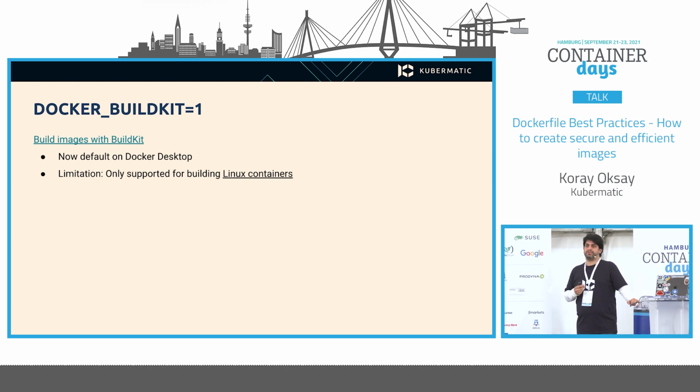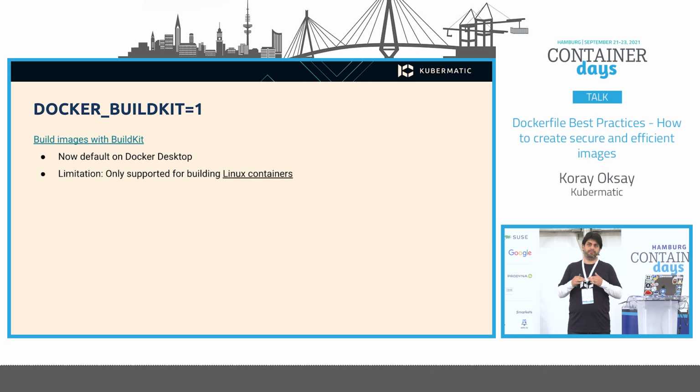And BuildKit introduces, I think, two important updates. What Docker did is that they just rewrote the whole build engine. And there are two major improvements, I think. The one is that during the build, it can run parallel jobs, which saves you some time.